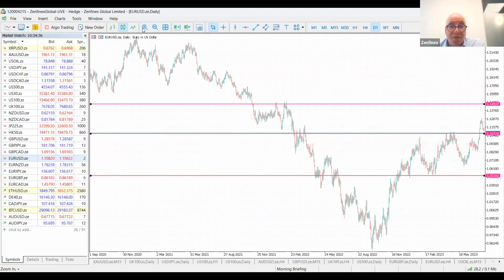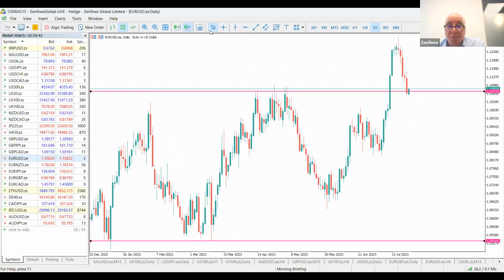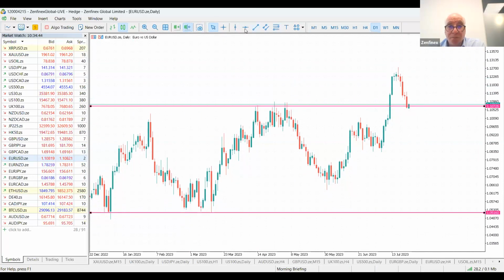So let's magnify that. I'm okay with this level here. We have another daily level here. Look left and see what type of behavior was around this price in the past. I can probably just move this up a little bit.